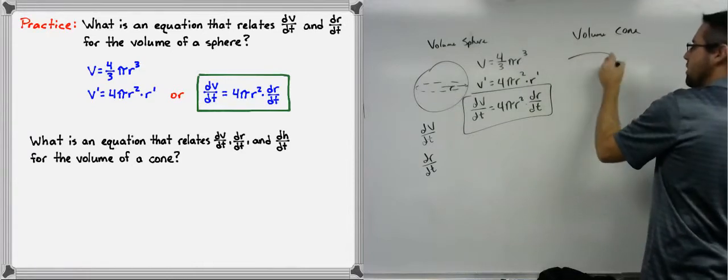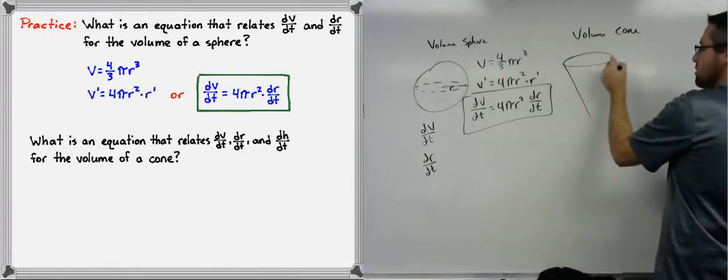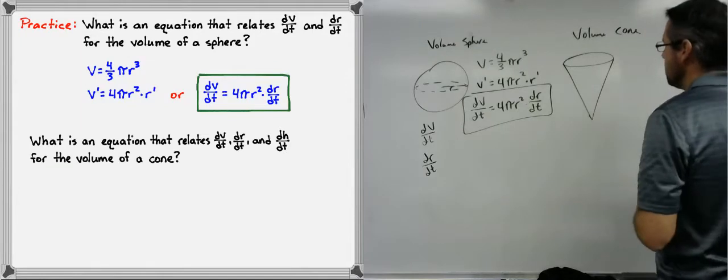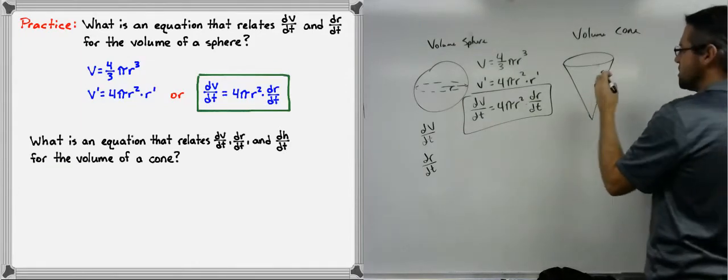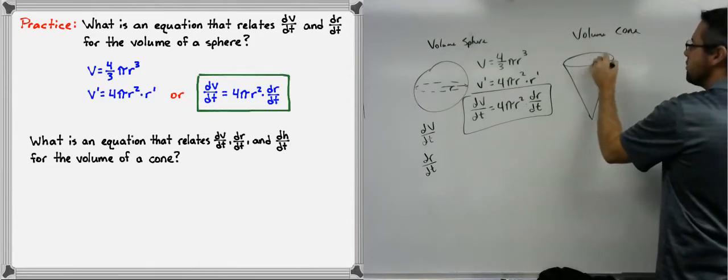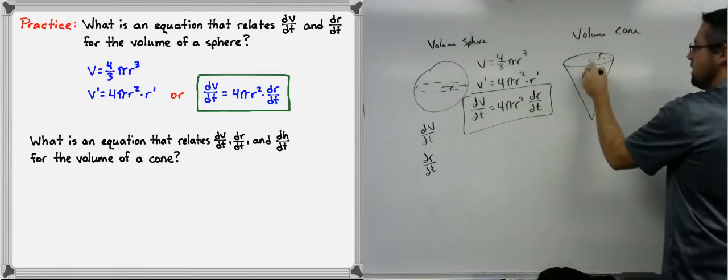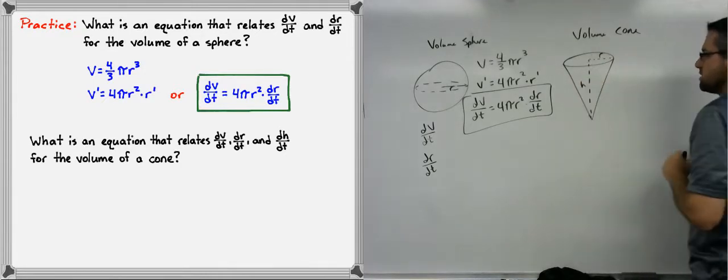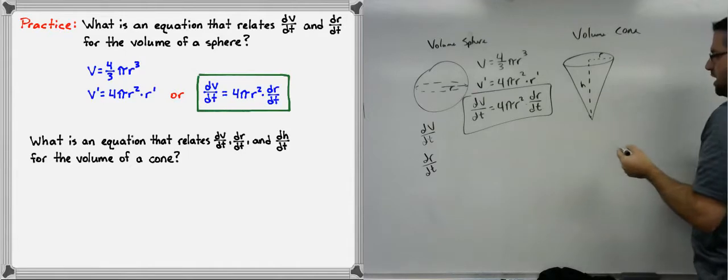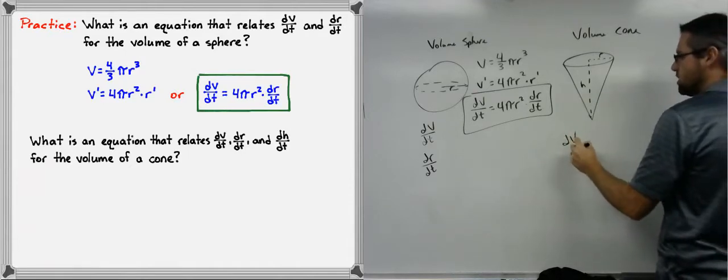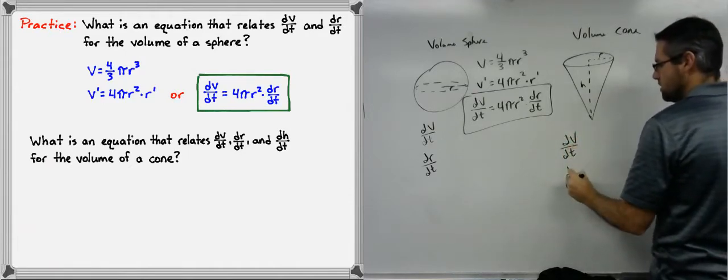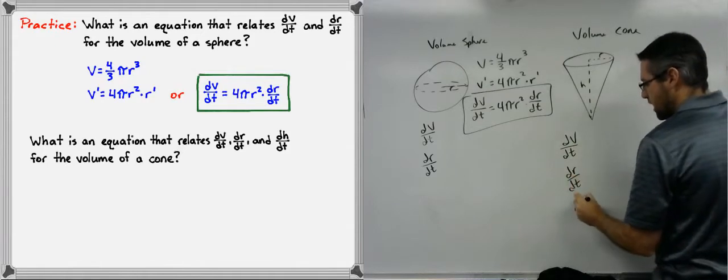Here, I'll do an upside down cone because it's just easier to draw. I have a cone here. What are the things that change the volume? Well, how big the radius is going to change the volume, and then how big the height will change the volume. And it says we want to write an equation that relates dv dt, dr dt, and dh dt.